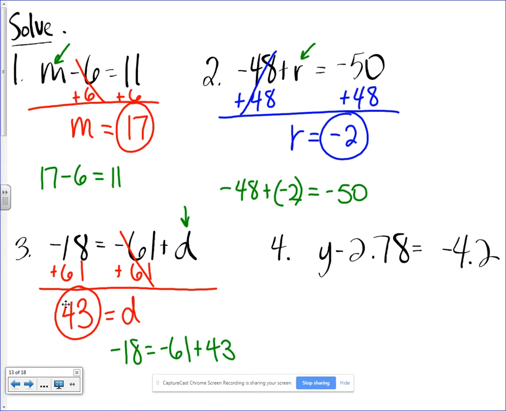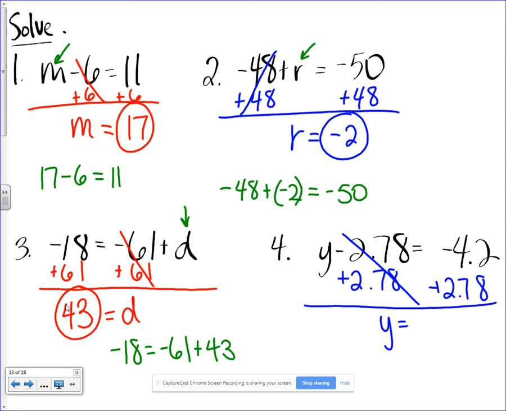Number 4, I need to isolate that y. Well, it's got a minus 2.78 on it, so I need to do the inverse to both sides. Those will cancel. I will have y equals, and then you're going to compute this. Now, this is where you should be stopping, picking up your calculator, and calculating this.